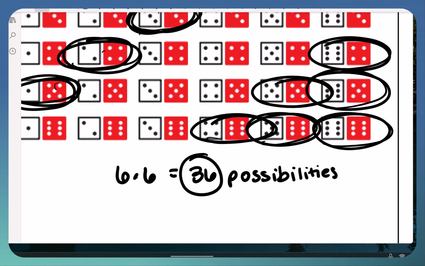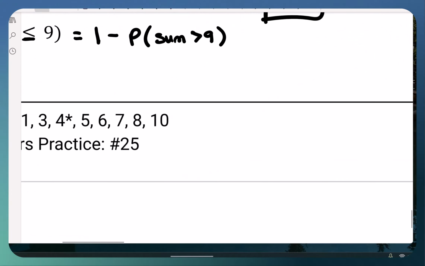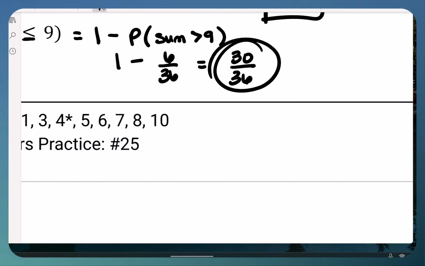Everything else adds up to be 9 or less. Okay, so if I'm going to use the complement, I know that 6 of these are not what we're looking for, right? So if 6 of them are not what I'm looking for, how many am I looking for? 30 out of 36. And you could just use your calculator to simplify that or to change it to a percent.